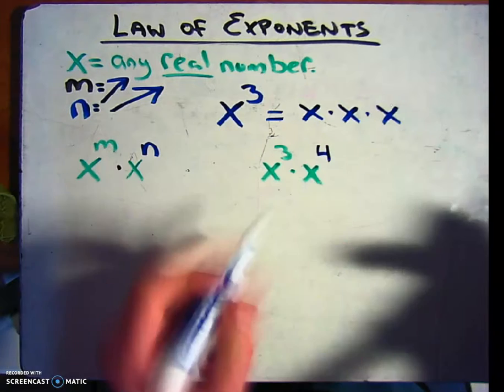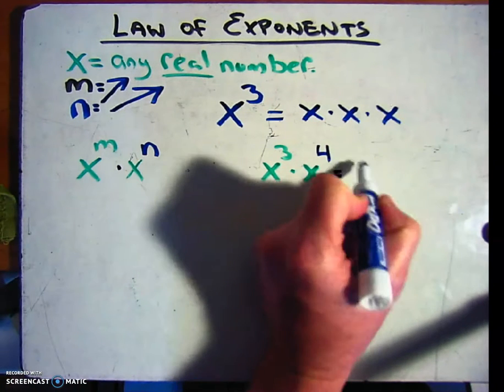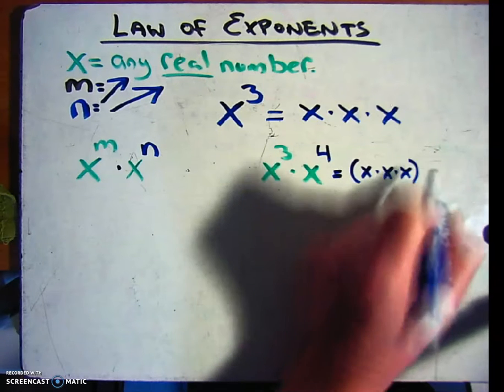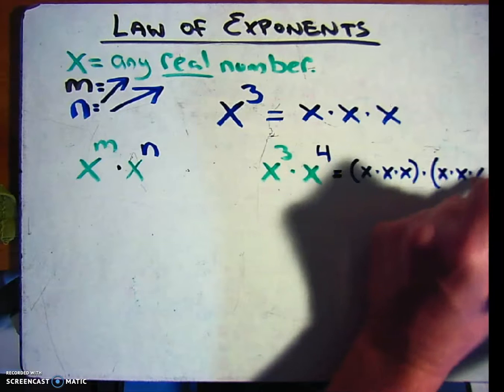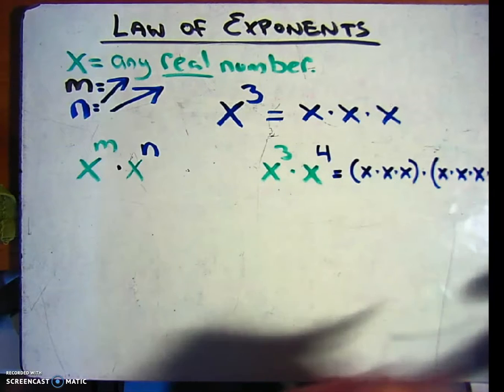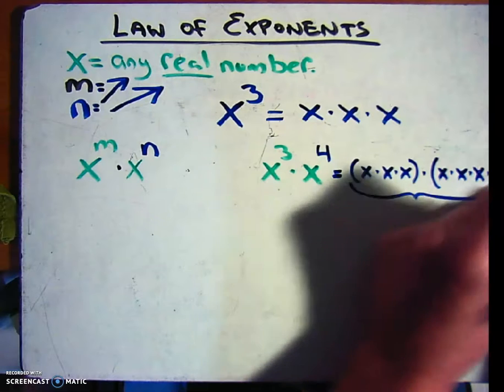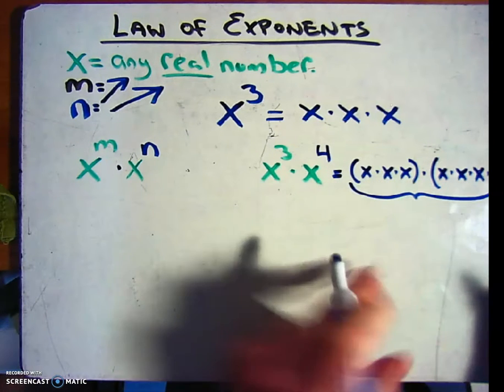Well, knowing what we know, let's expand these out. X to the third power expands as x times x times x. X to the fourth power would expand as x times x times x times x. Looking at this, I notice that this is just x times itself a total of 7 times.